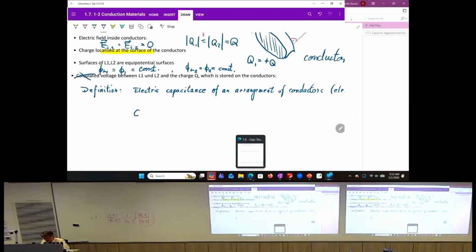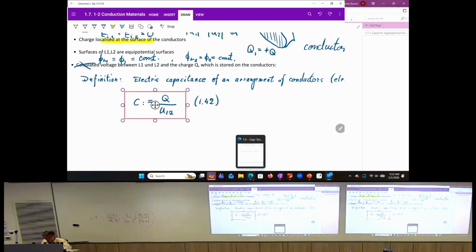And the capacitance is given by the charge per voltage between these two conductors. Equation 1.42. That means you apply a certain voltage, you will get a certain charge, and this relation charge to voltage, that is called the capacitance.